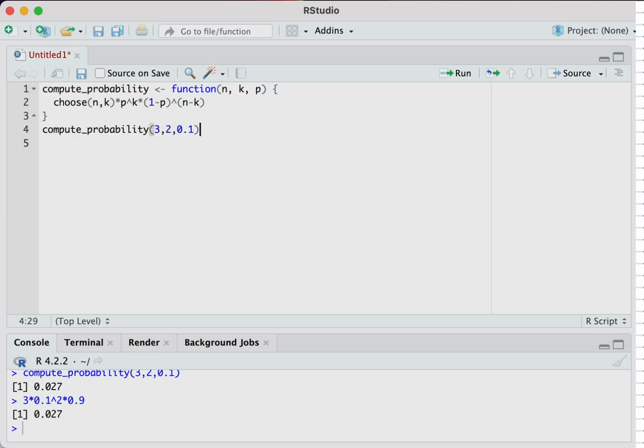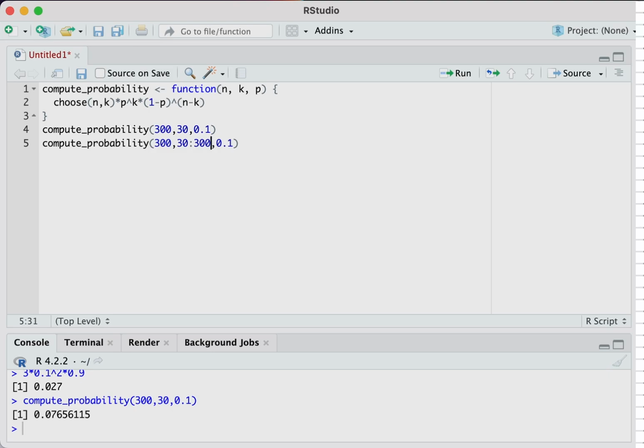Okay, now I'm going to compute the probability for the 300 coin case with 30 heads, where we have a 10% chance of getting a head. When I run this, we get about a 7.7% chance that we get exactly 30 heads. One thing we can do is run this for a bunch of different values, computing the probability from 30 up to 300.